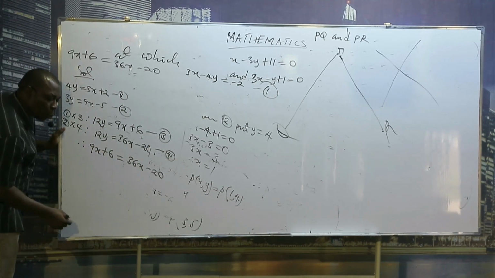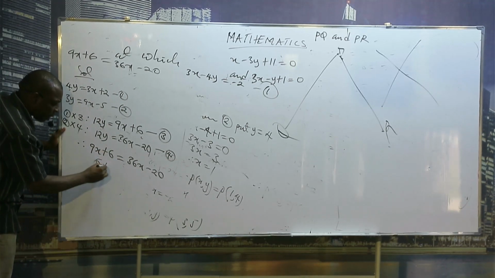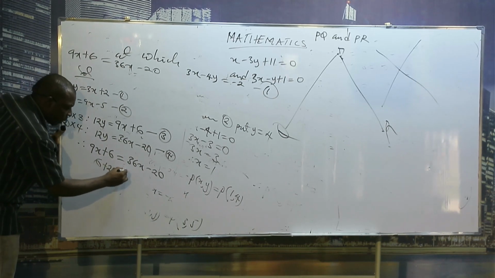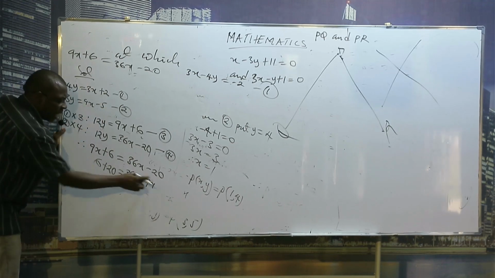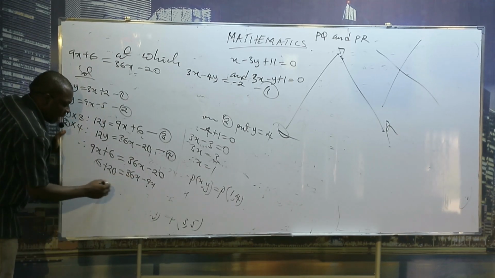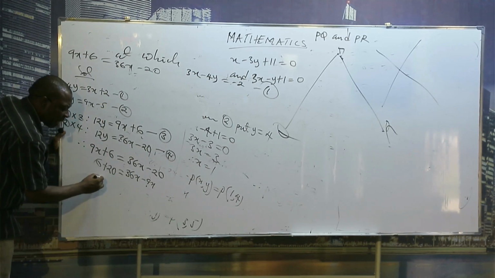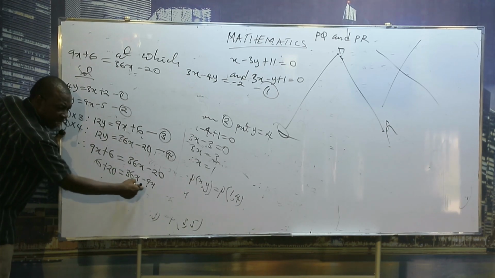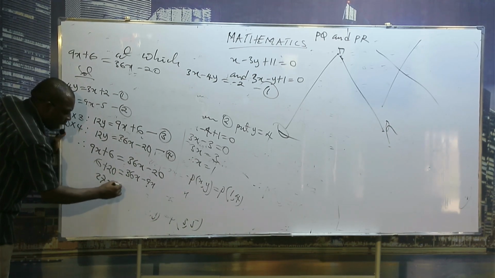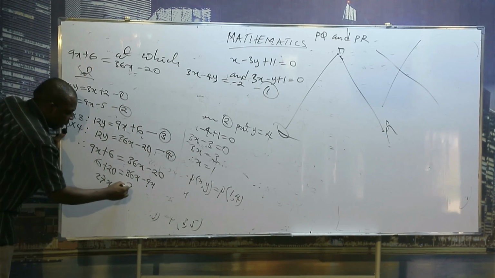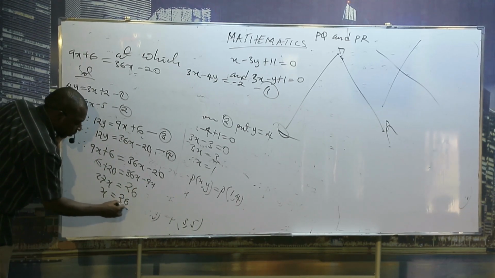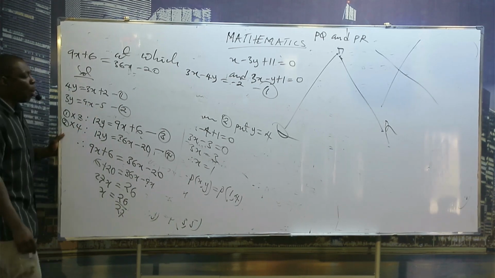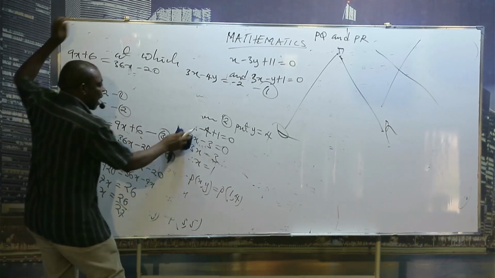Now, collect what? This is 6 plus 20, 36x minus 20. 27 who? 26. x becomes what? 26 over who? Okay, now.